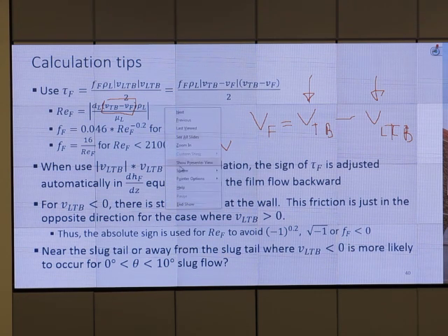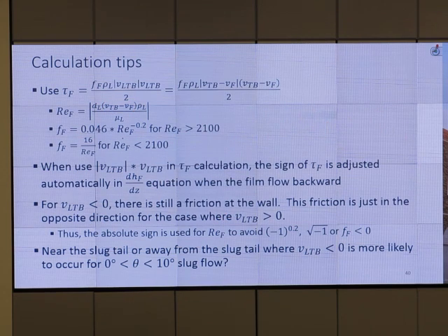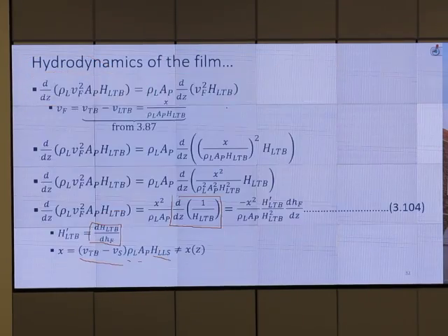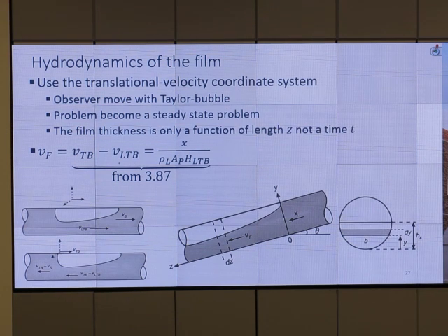We use the real stationary frame of reference to calculate force. So that means VTB minus VF, because VF is based on how you describe VF, and VF is a positive value. I have VF in the diagram. See, VRTB is less than VTB, so VF is positive, positive in the plus Z direction.